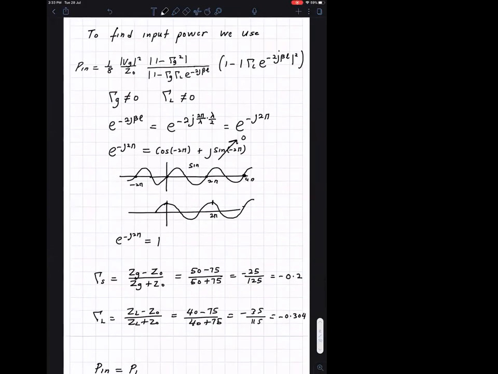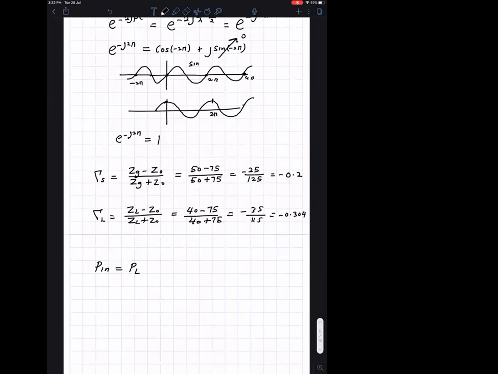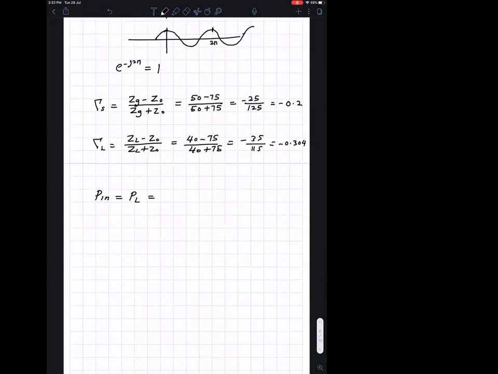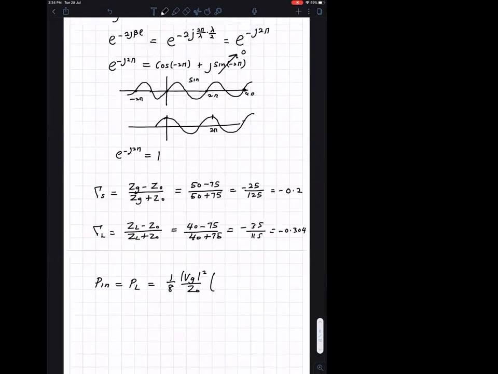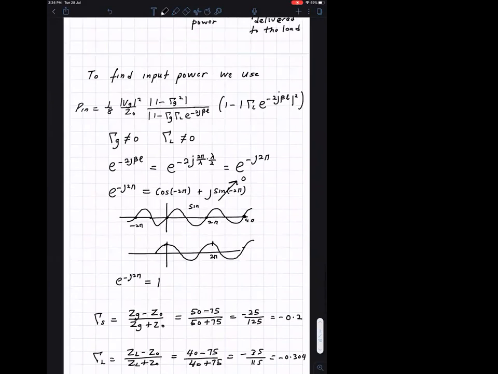Other things like the reflection, everything, we already accounted for. So we're using that formula, you just plug in the numbers: Vg squared divided by Z naught. I hate to write that formula, but do we have a choice?